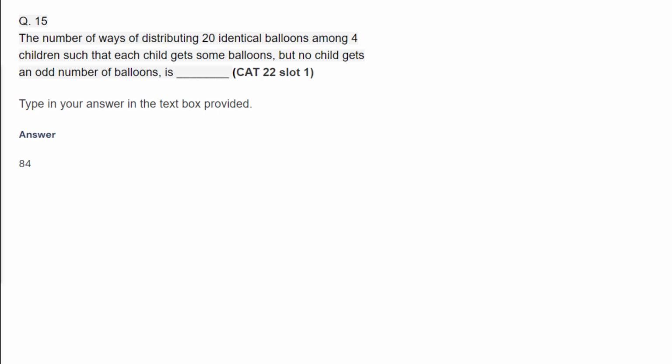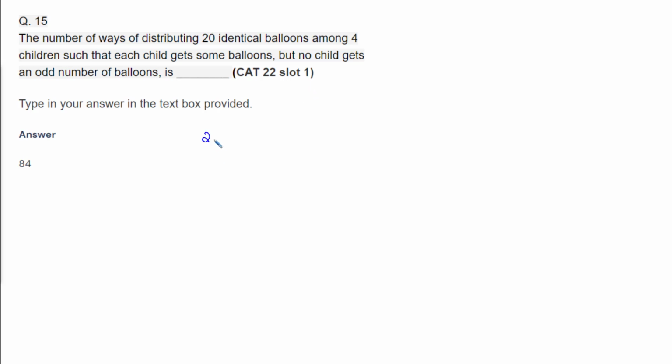Question number 15. The number of ways of distributing 20 identical balloons among 4 children such that each child gets some balloons but no child gets an odd number of balloons. So let's have a look at it. There are 4 children, everyone gets an even number of balloons.